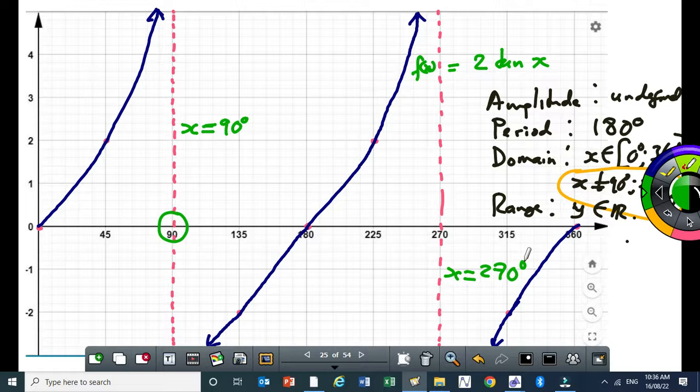Always in grade 10. Please, that's only true for this grade. Next year, we are going to end up having horizontal shift, so the asymptotes will also shift. But in this grade, those are the two equations of the asymptotes.